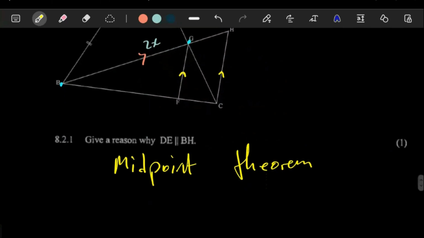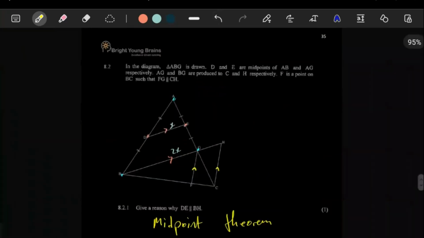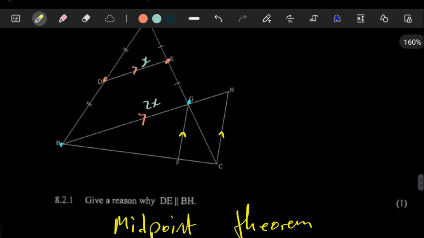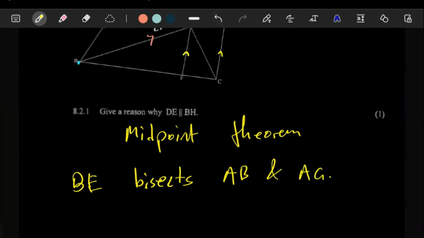And then you can say here BE bisects, what does it bisect now? It bisects AB and AG. There you go.